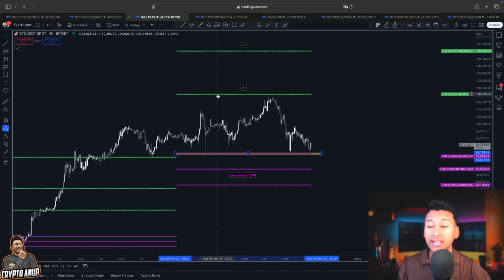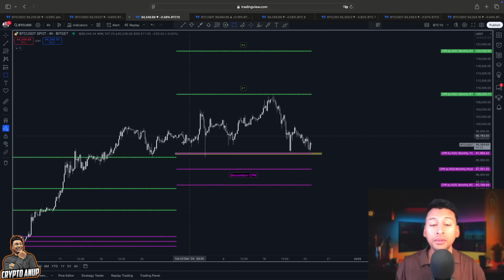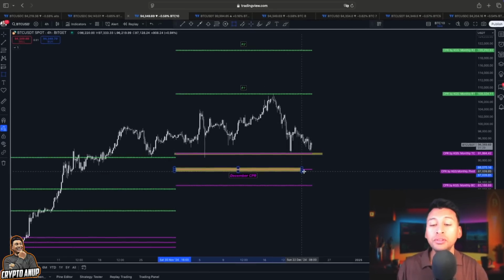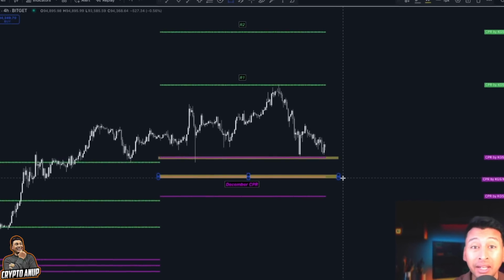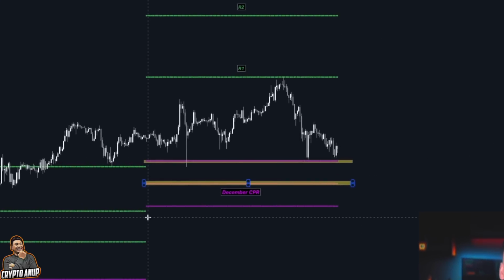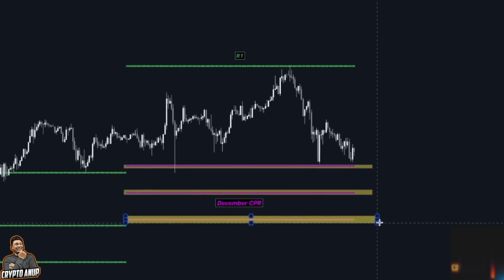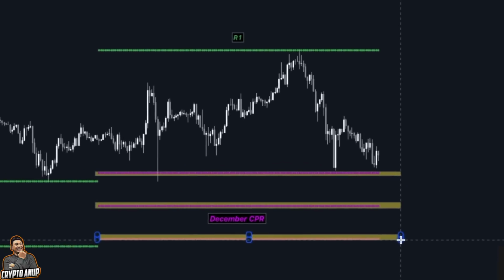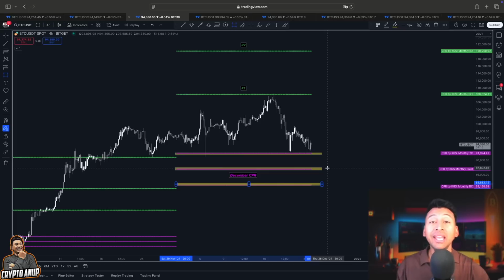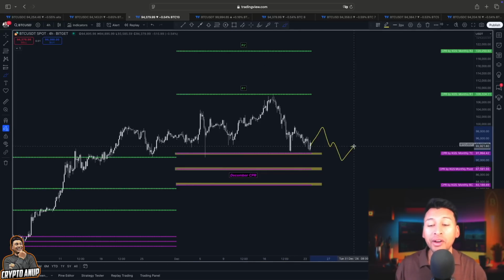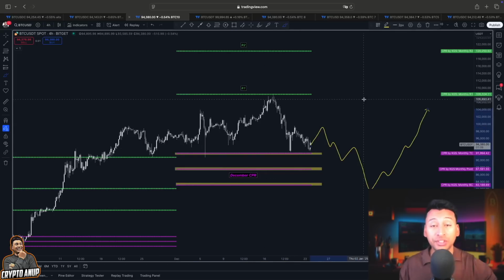So if the 90,000 support gets broken, the central CPI line will be acting as a magnet, attracting the price below 90,000, and even the bottom CPI line could be retested, which sits around 83,000. That's why 85,000 in between that range is where we are expecting the price of Bitcoin to get attracted if the support around 90,000 gets broken.